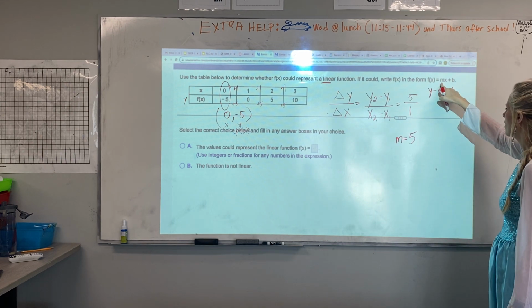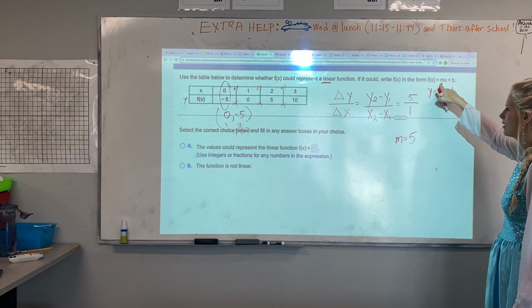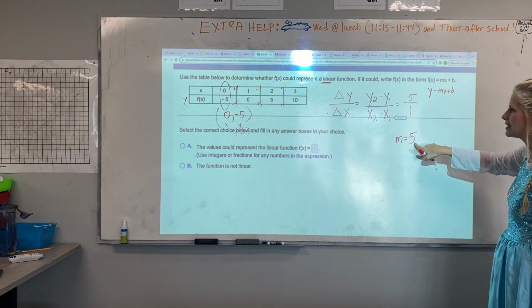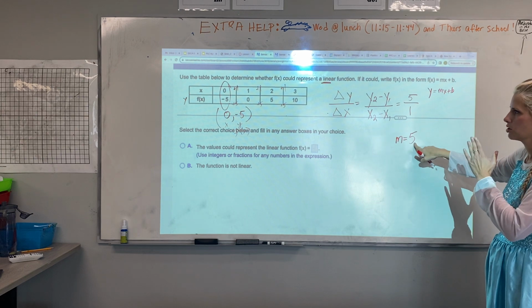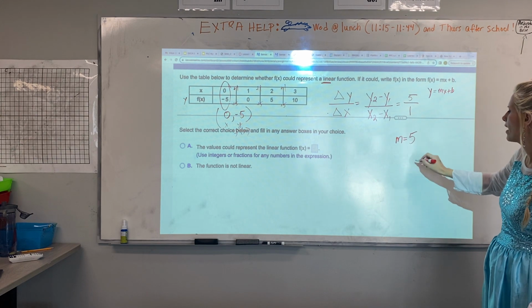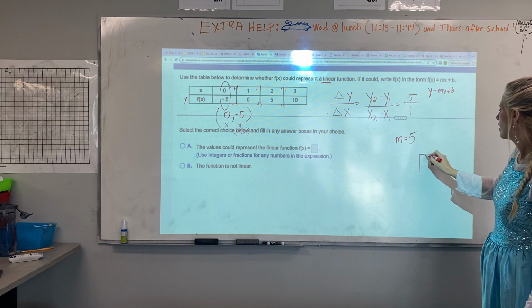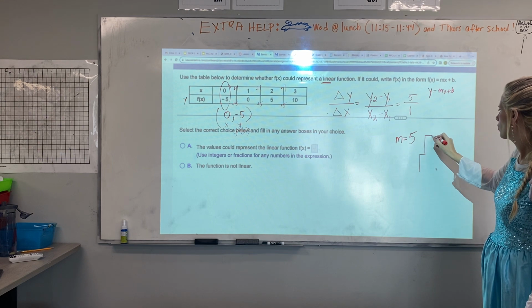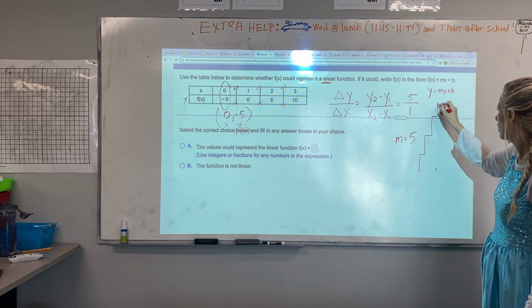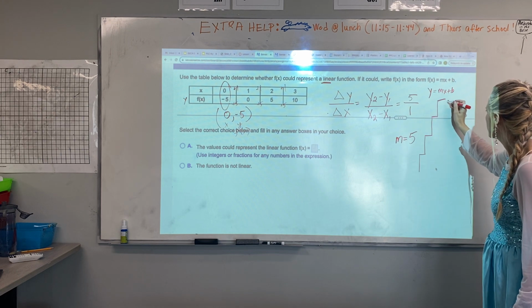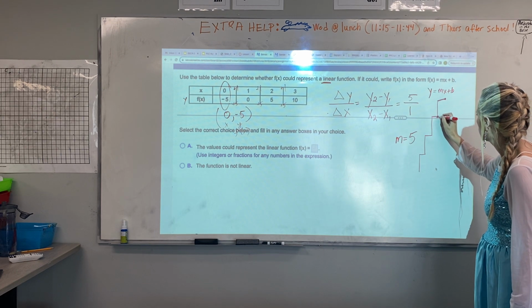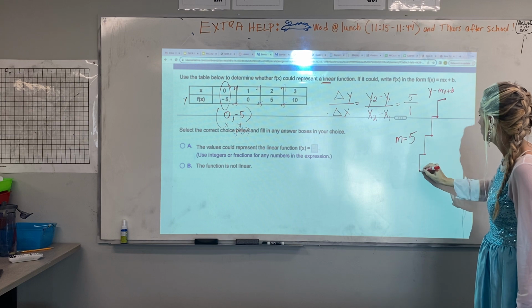So right away, we can see that there is a consistent change. Every time the y goes up 5, the x goes over 1. Up 5 over 1. That staircase forms a line.